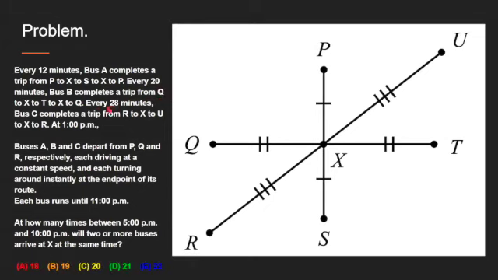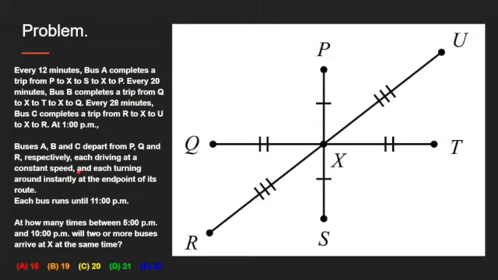And every 28 minutes, bus C completes a trip from R to X to U to X to R again. At 1 p.m., every bus departs for their first stop.